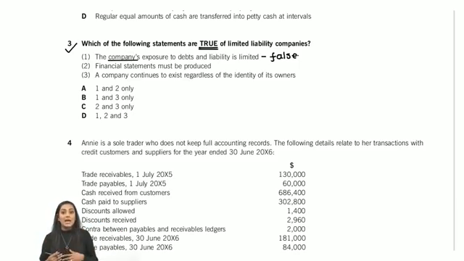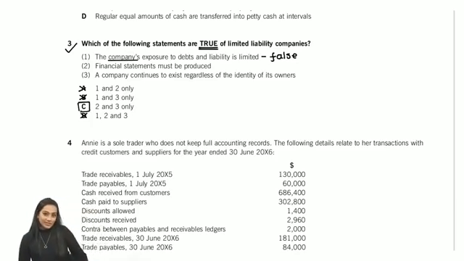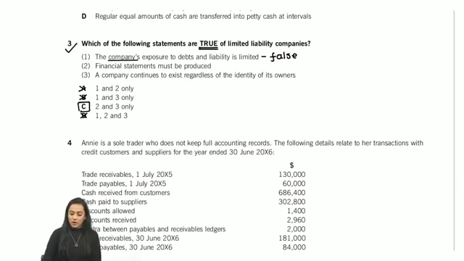It's not limited. It's the shareholders which have a limited liability, not the company. So this statement is false, which means A and B and D are not correct, meaning C is the answer, right? Let's see why the others are true or false.